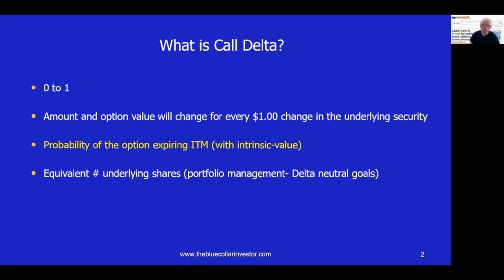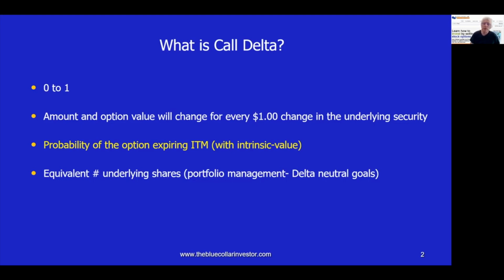So that's a very common definition, the amount that the option value will change for every $1 change in that underlying stock. Now, the definition that I like to focus on for this particular podcast, it's the probability of an option expiring in the money or with intrinsic value. So, for example, an in-the-money delta will be closer to 1.